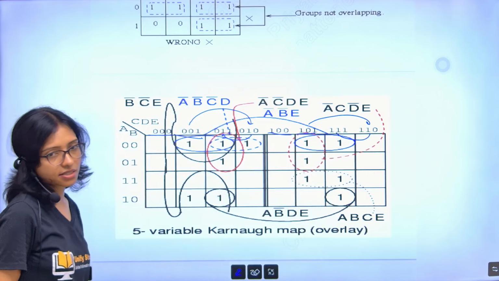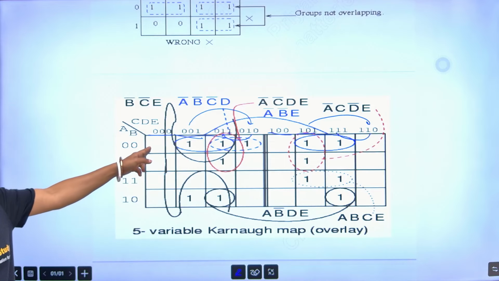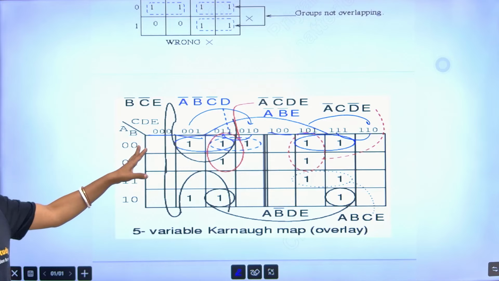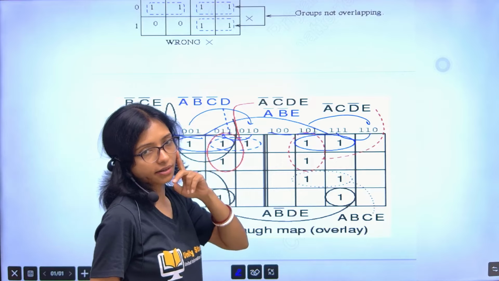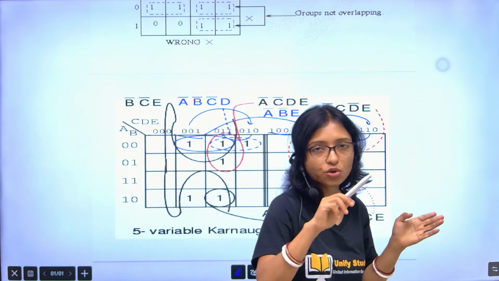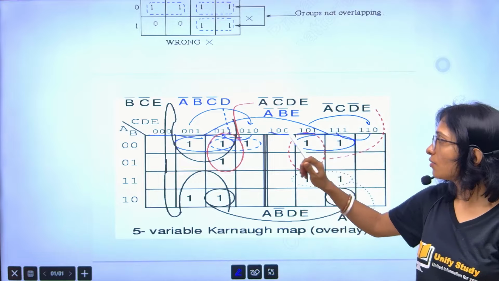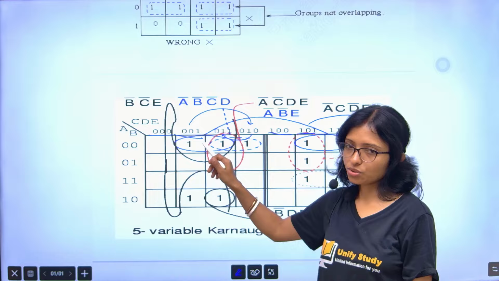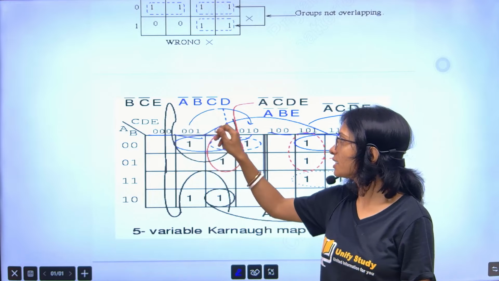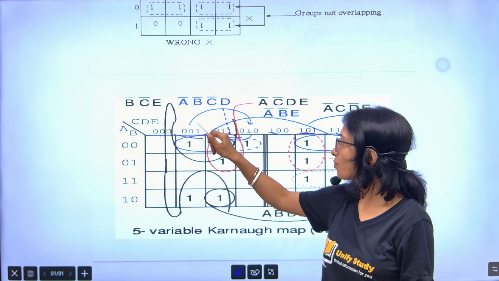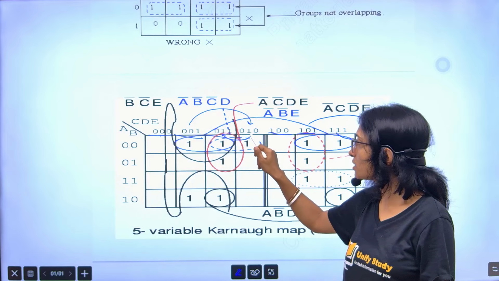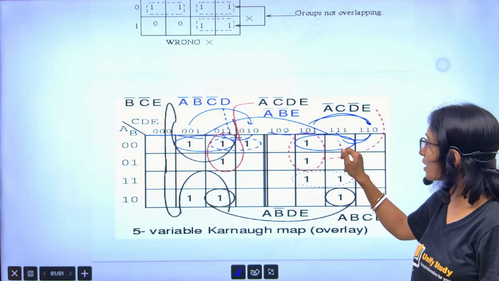This switching is there for 5 variables because always remember the rule: at a time only one variable, meaning 0 to 1 or 1 to 0, will change for 2 adjacent values. If it is changing more, then swapping is required. That's why here 000, 001, 010 going here, 011 coming here. Same way 100, then 101, again going here, coming here.